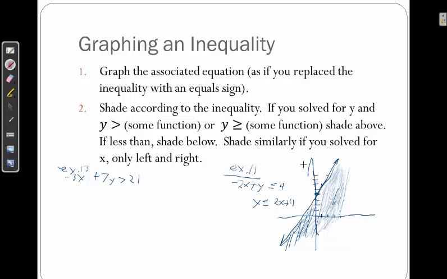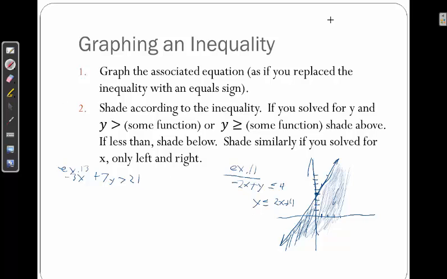Now, an important thing though is about the boundary itself. If it's less than or equal, everything on the boundary actually works. So like this point right here, that would be 0, 4. 4 is less than or equal to 0 plus 4. Yes, it is. But if it were strictly less than, anything on the boundary would not work. So you have to indicate the difference between those.